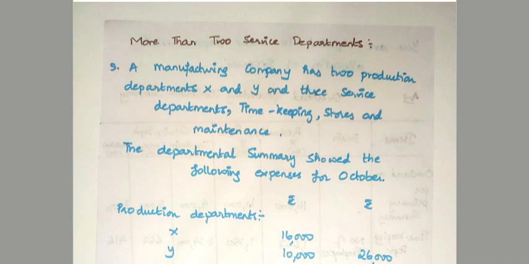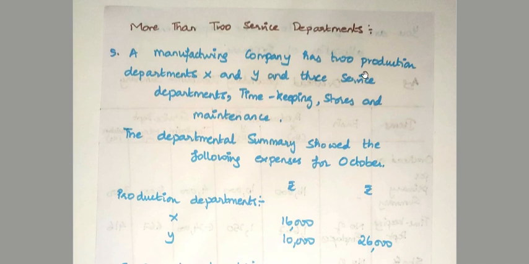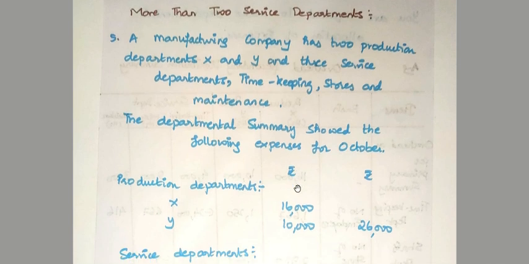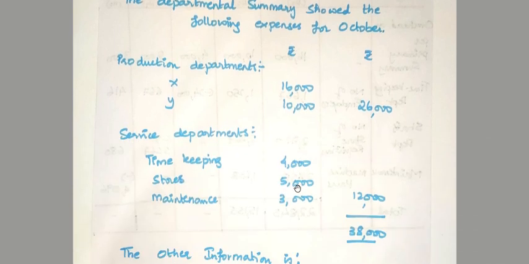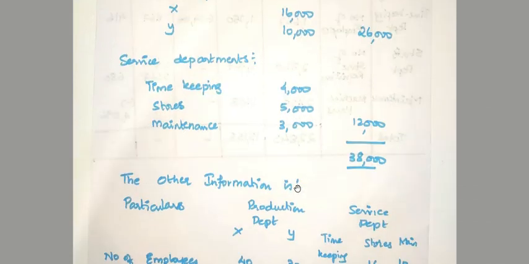Now next, if you see your next question, more than 2 service departments. If you have more than 2 service departments, how will you apportion it? So the manufacturing company has 2 production departments X and Y, and 3 service departments: timekeeping, stores and maintenance. The department summary showed the following expenses for October: production department and service department.